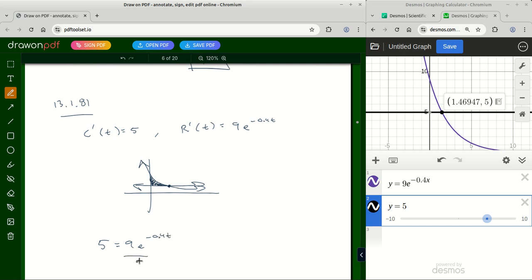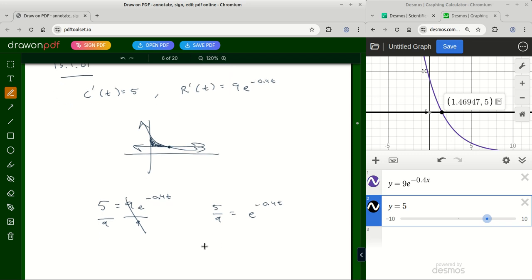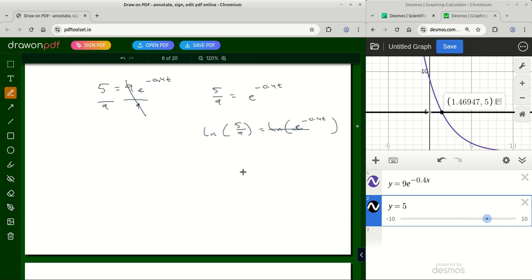And so I would divide by the 9. And how do I get rid of an e? I ln both sides. I can find that out here in a second.